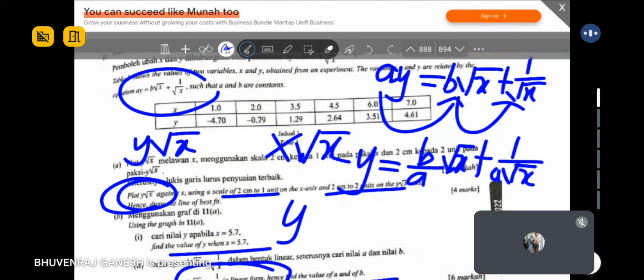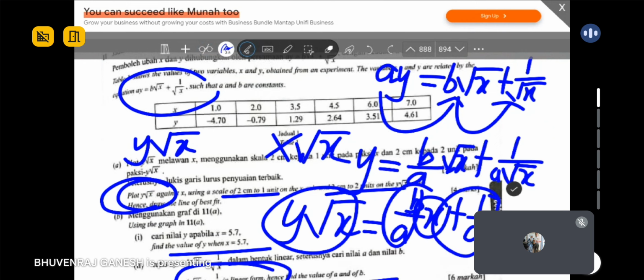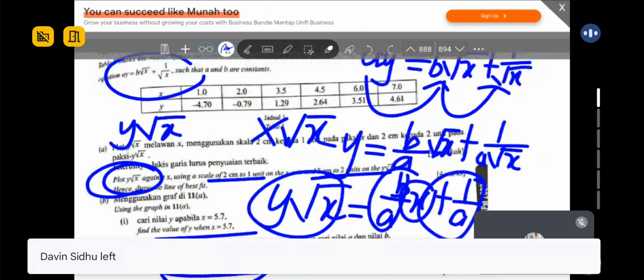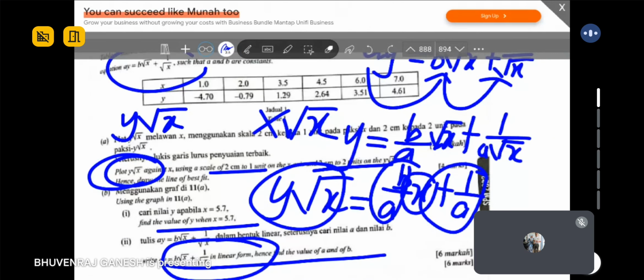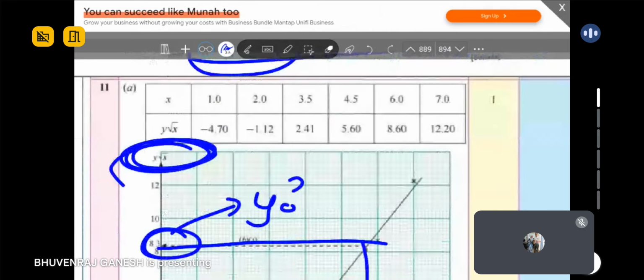Okay, so you will have Y square root X equal to B over A X plus 1 over A. Nampak tak guys? Y equal to M X plus C. Dapat tak guys? Can you all see? So M equal to B over A. C sama dengan 1 per A. Okay, so can you find your A and B?